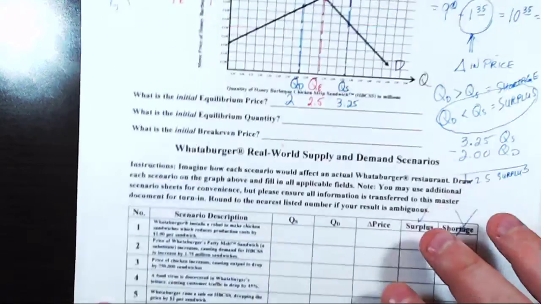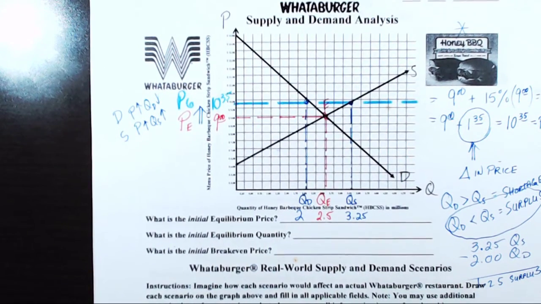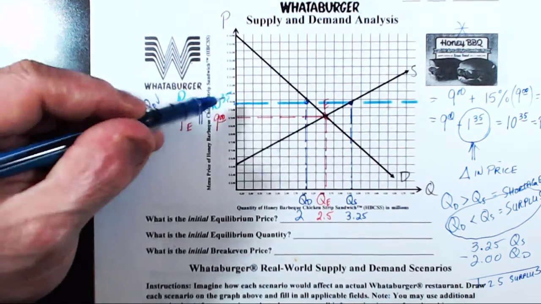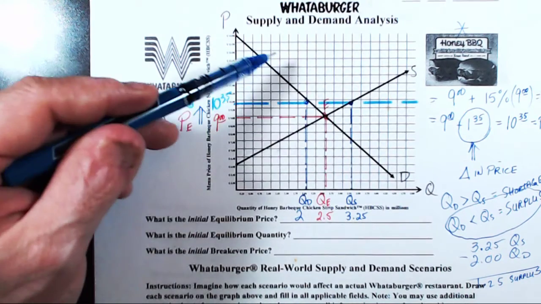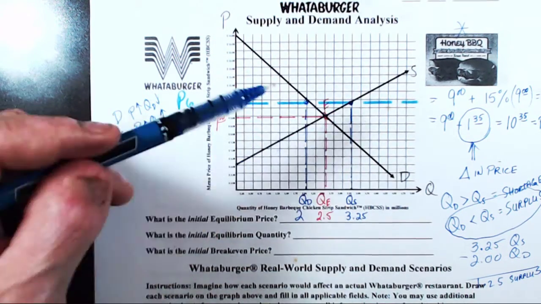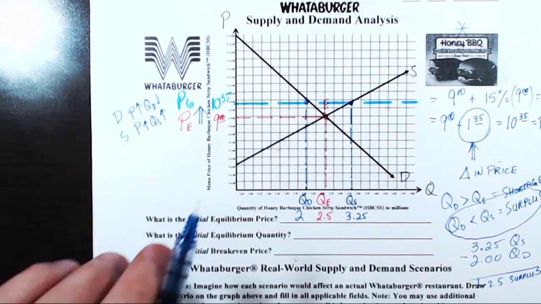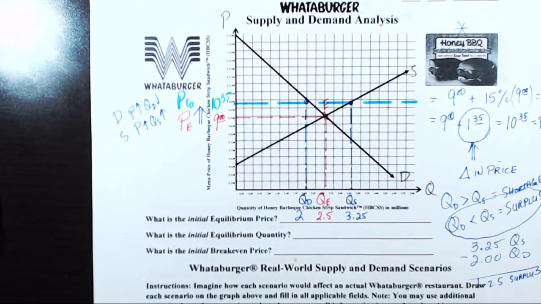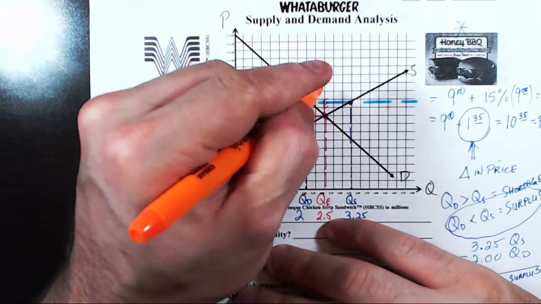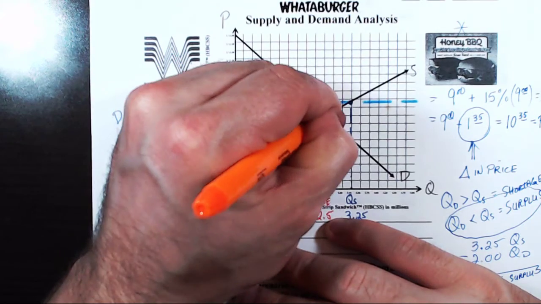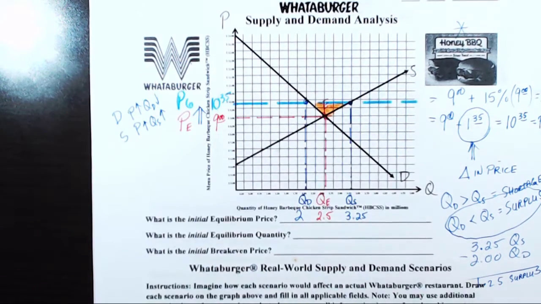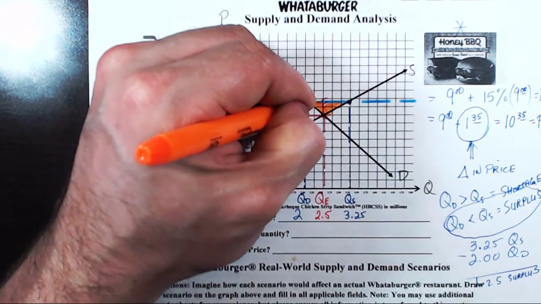Okay, so when employee costs go up, it hurts the company because the quantity demanded dropped and the quantity supplied increased, and it created an imbalance in the market. And once again, just like with shortage, you can highlight the surplus, and that would be indicated by this area right here. That little triangle, that's the surplus.